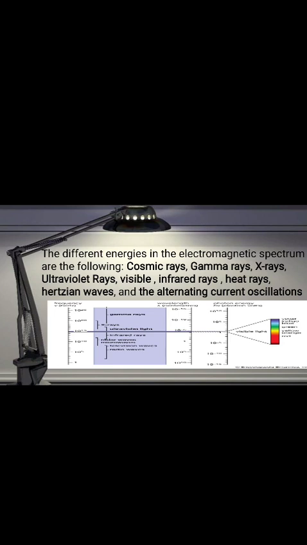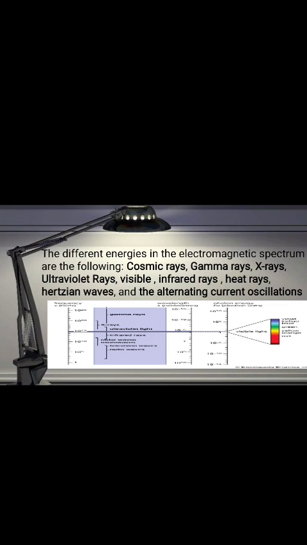The electromagnetic spectrum can be expressed in terms of energy, wavelength, or frequency. Each way of thinking about the EM spectrum is related to the others in a precise mathematical way.